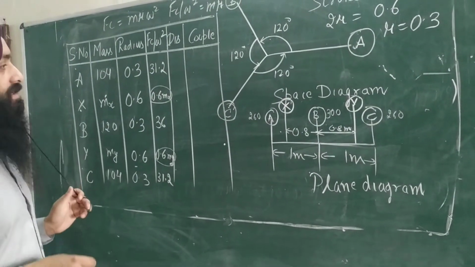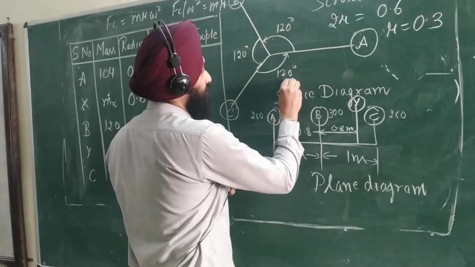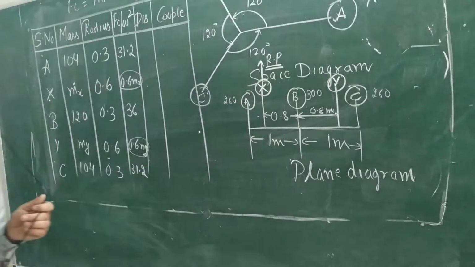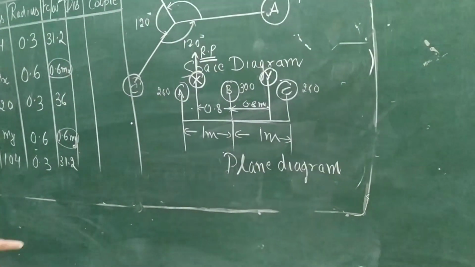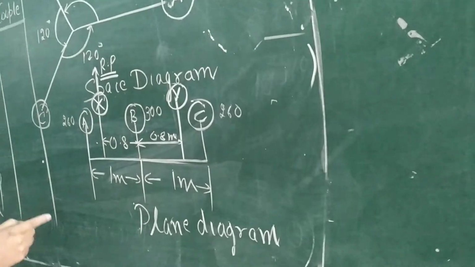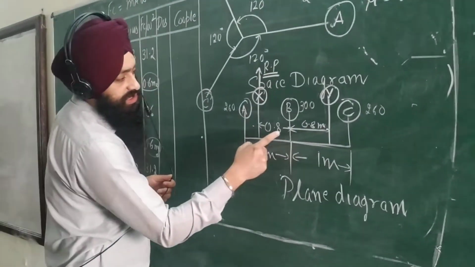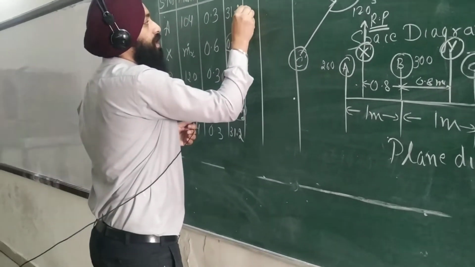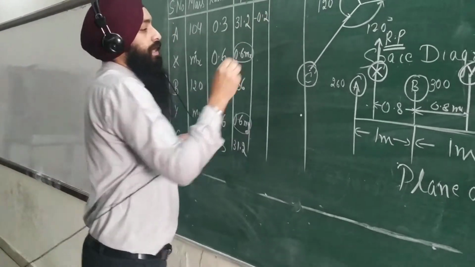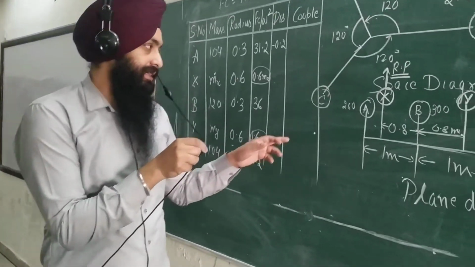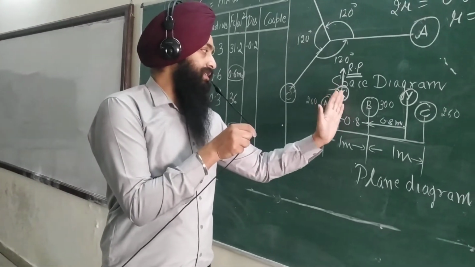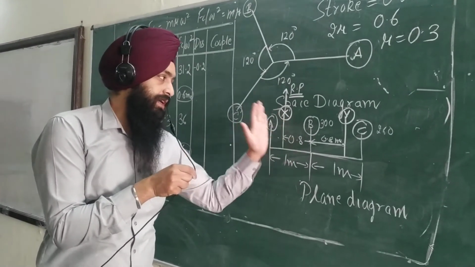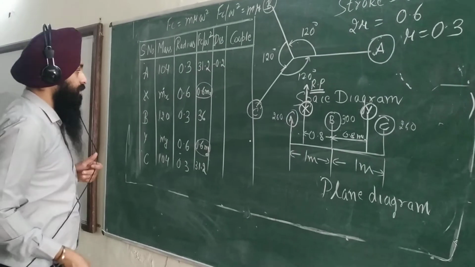So let us take mass x as the reference plane. The distance between A and x is 1, here the value is 0.8, so the remaining value will be 0.2. So it will be minus 0.2. As we have discussed in previous lectures, all distances taken towards the left of the reference plane are taken as negative, and all distances taken towards the right of the reference plane are taken as positive.